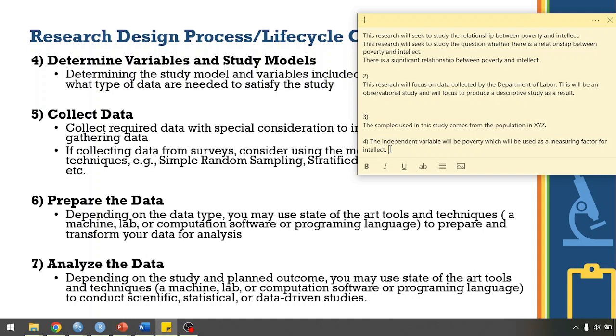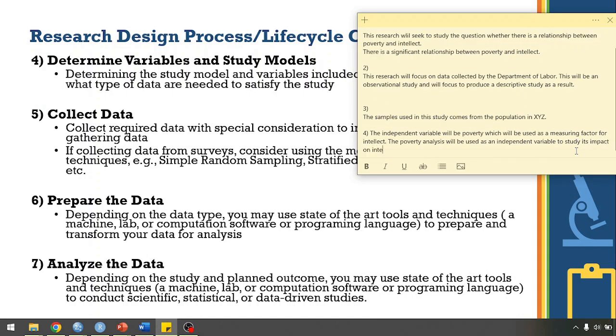In other words, the poverty analysis will be used as an independent variable to study its impact on intellect, which will be used as the dependent variable.